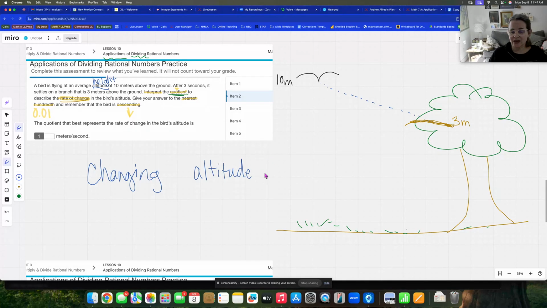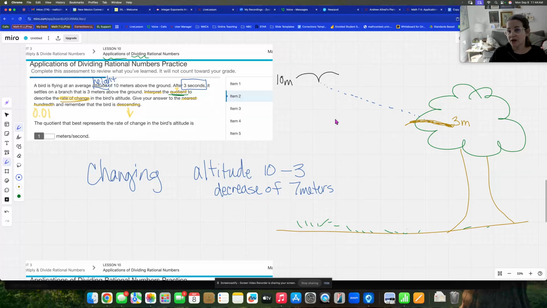It goes from 10 down to 3. So that is a decrease of 7 meters. All right, what else is changing? Time.